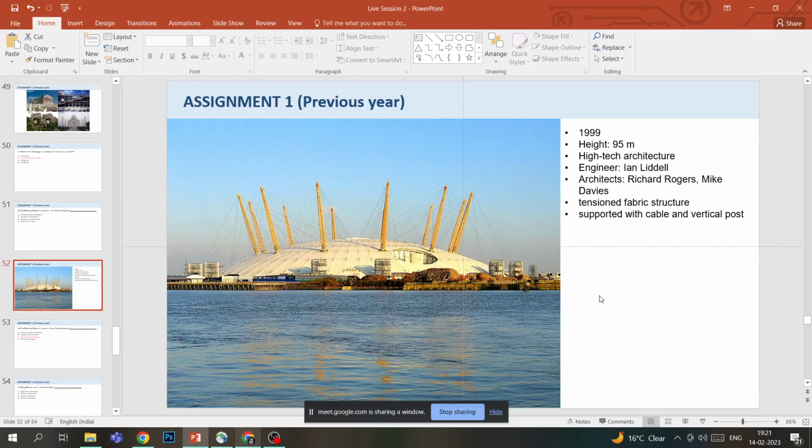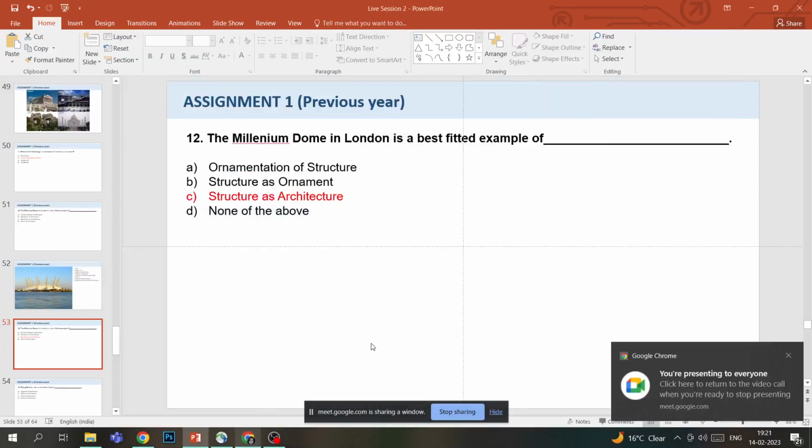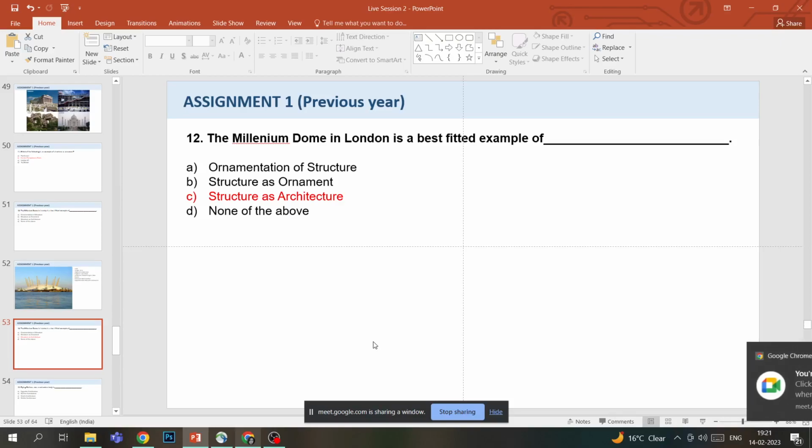The entire building is being supported just with structure. That's why the answer would be structure as architecture.